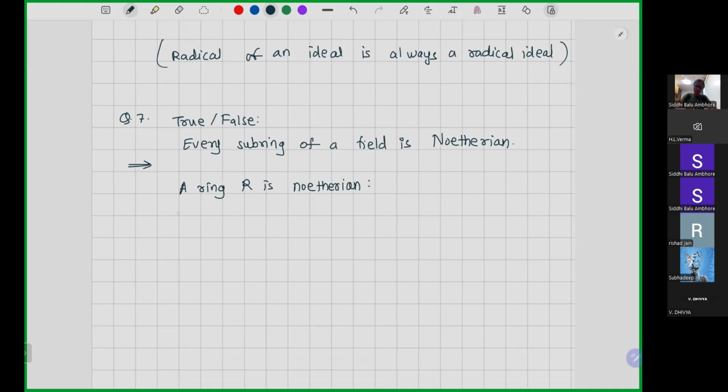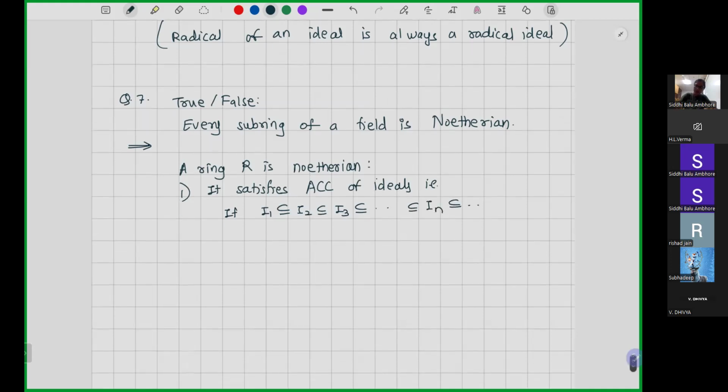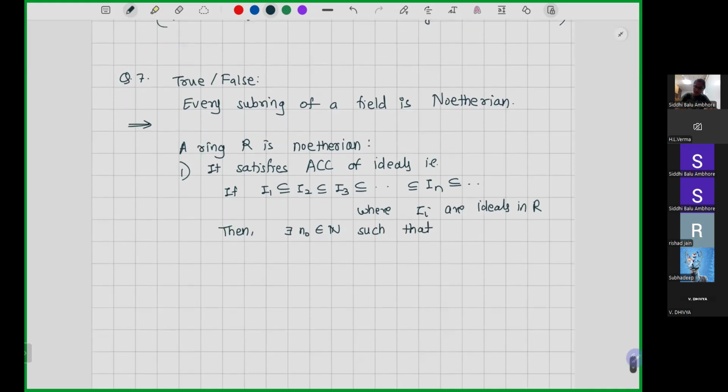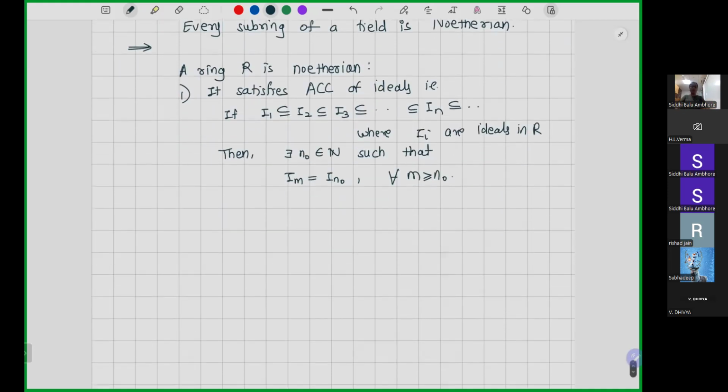For those who don't know, a ring R is Noetherian if it satisfies the ascending chain condition on ideals, that is, if I1 is contained in I2, contained in I3, and so on, where the Ii are ideals in R, then there exists N0 in N such that Im equals I_N0 for all m greater than or equal to N0.